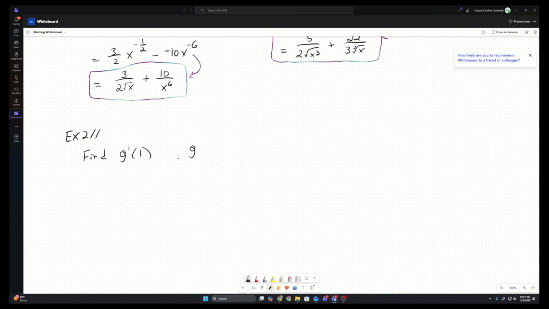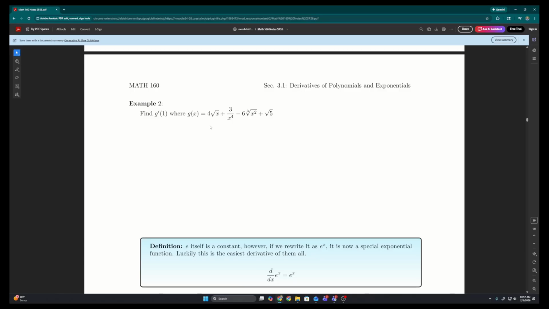We know g of x is equal to, and I'm going to write it down, 4 times square root of x plus 3 over x to the 4th, minus 6 times the cube root of x squared, and then plus the square root of 5. Let's double check to make sure I have that correct. Looks like it.